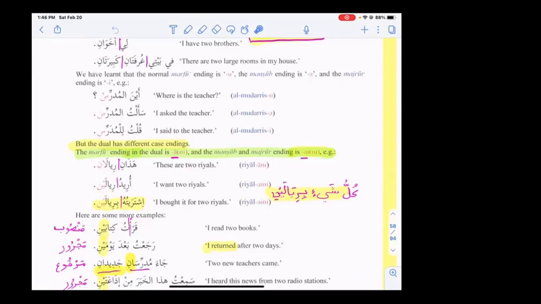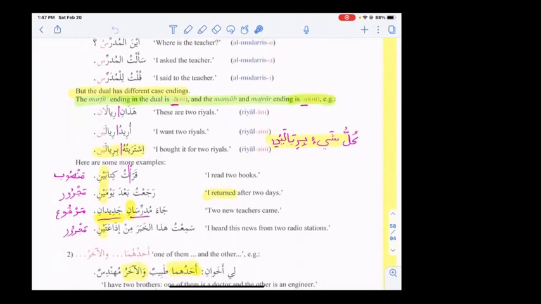So it is mansub bil ya. Ishtaraytuhu, I bought it, bi riyalaini, again majroor bil ya. So in duals, it's marfu bil alif, mansub bil ya, and again majroor bil ya.